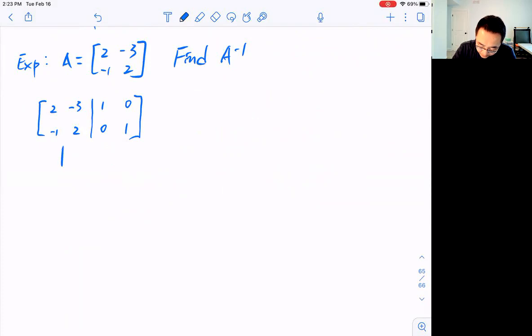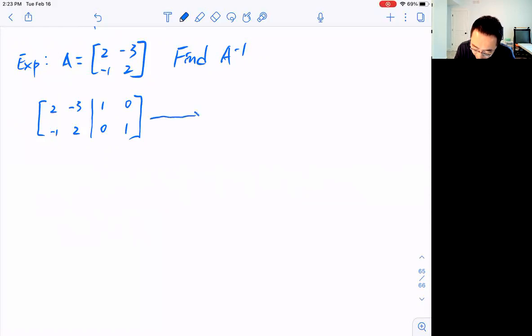Okay, so to do this, I know I need to turn the first number right here, 2, into a 1. Well, if I add the second row to the first one, if I add -1 to 2, that will turn 2 into a 1, right?